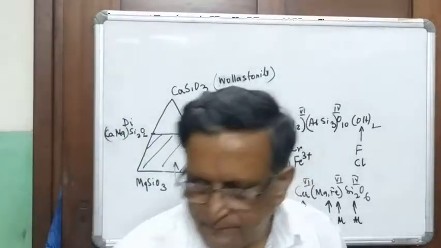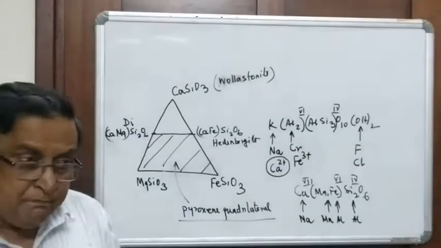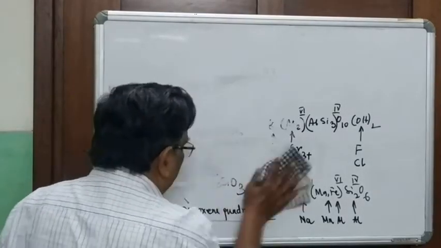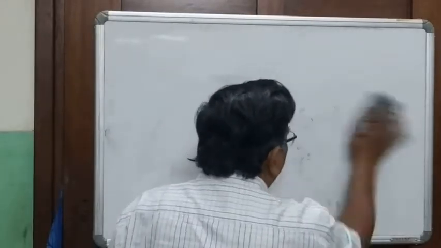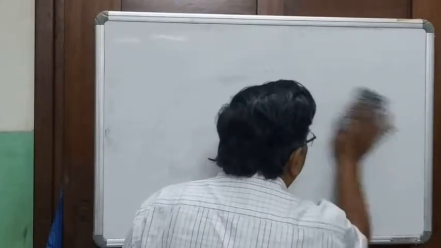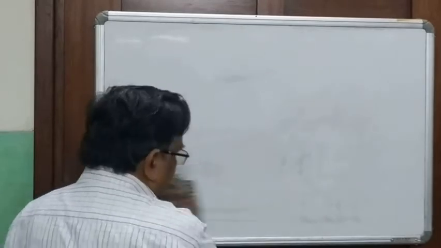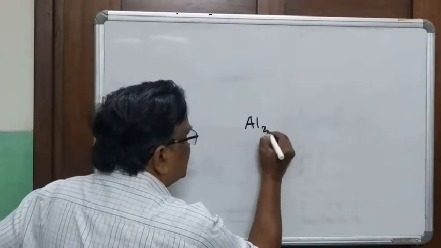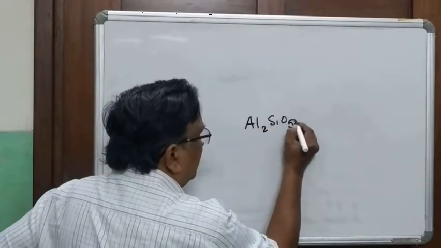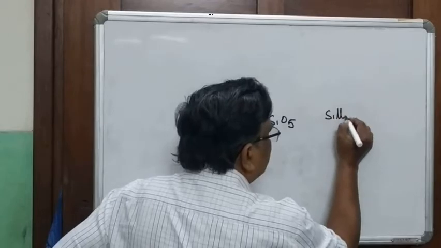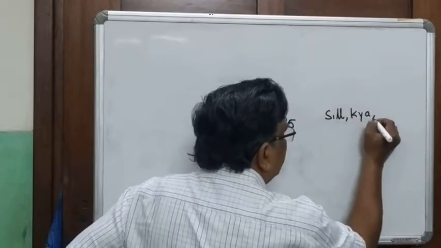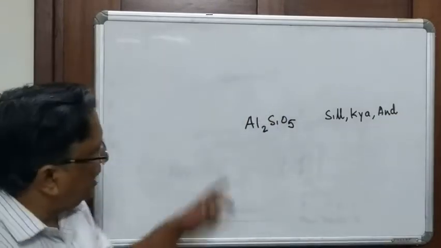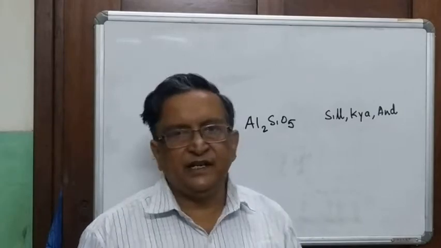So one more example to highlight the importance of system components. Say for example, Al2SiO5 is a famous formula of sillimanite, kyanite, and andalusite.